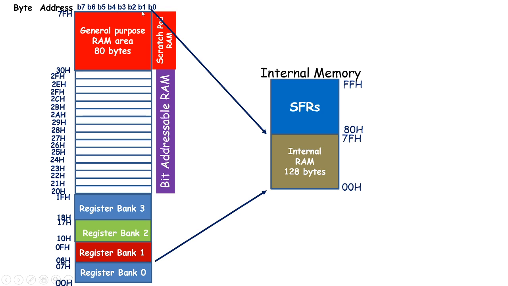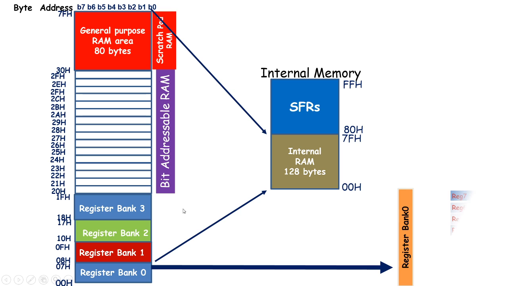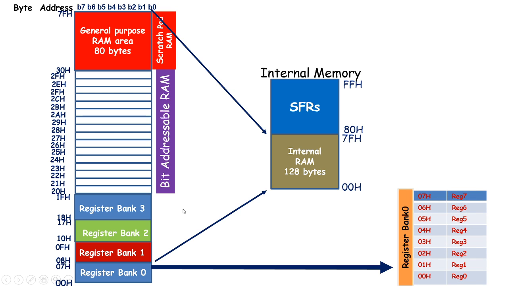B0, B1, B2, B3 show the storage capacity, and this is the addressing capacity. In bank 0, as we explained earlier, there are 8 registers. Register 0 has address 00H, and register 7 has address 07H.